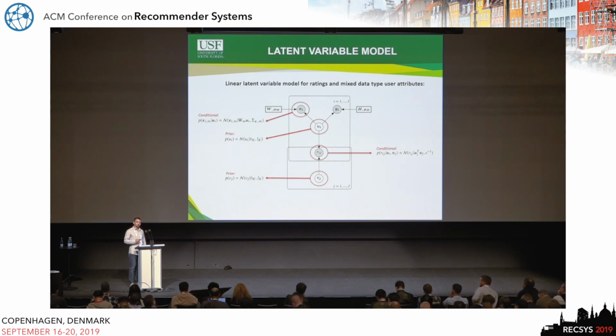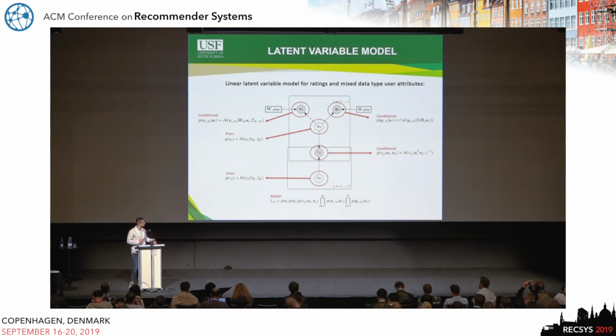Additionally, we model the user attributes linearly. For each real-valued user attribute m, we have a linear Gaussian model with parameter Wm, and for each categorical-valued user attribute n, we have a linear softmax model with parameter hn. So the conditional probabilities and priors define the model and the model parameters as well.